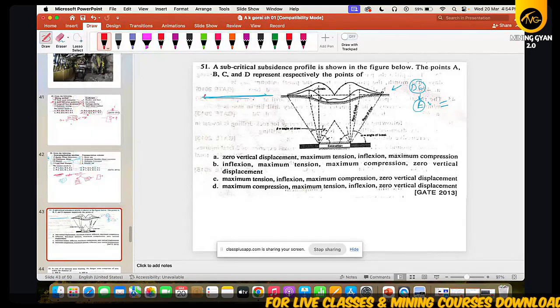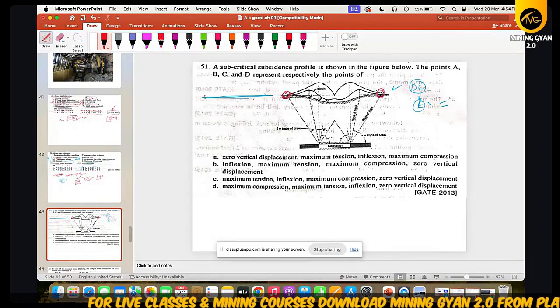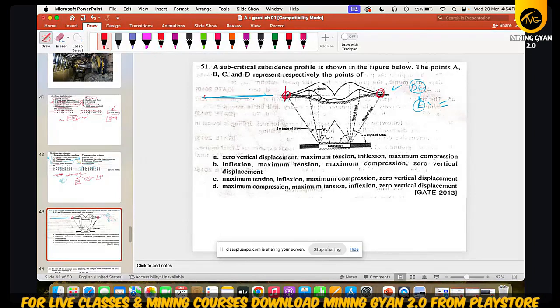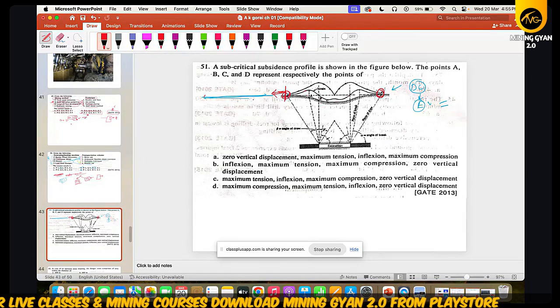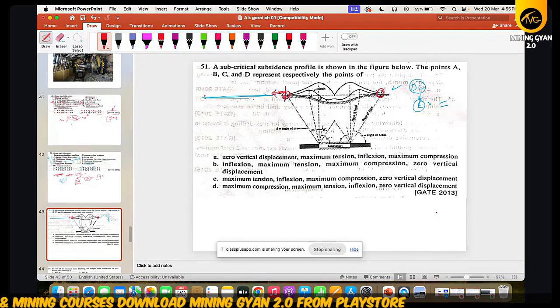These points will have no movement vertically, so zero vertical movement. Okay, and if this is your strain graph, I should zoom this one.